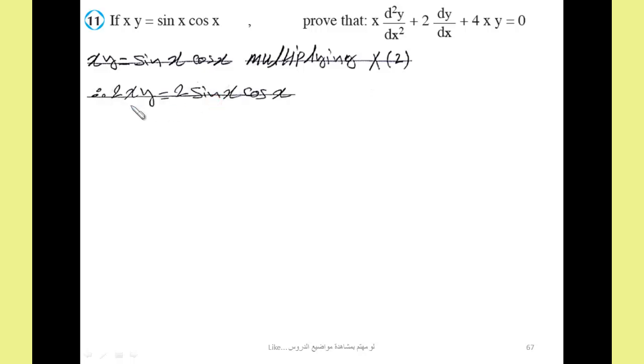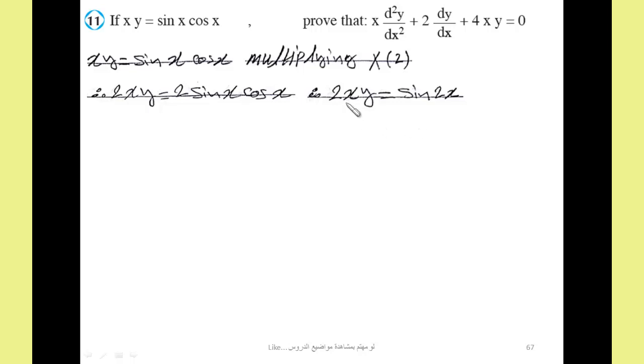Then we have 2xy equals 2 sine x cosine x, because 2 sine x cosine x equals sine 2x. So this is the simplest form of the right hand side. It will be sine 2x. Then we will start differentiation.